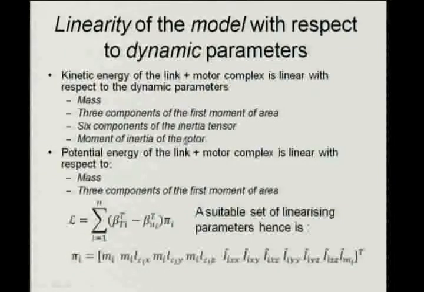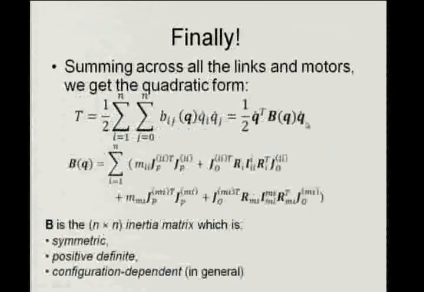So you can write the kinetic energy of the link plus motor complex by just multiplying with a single vector pi_i. Earlier what were we writing? We had these quadratic forms. If you write it in terms of q dot, then it is not linear, it is in a quadratic form.